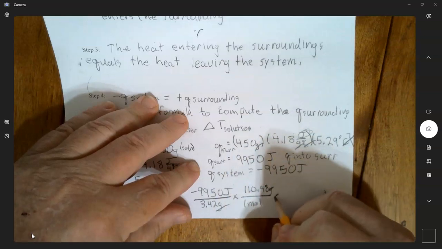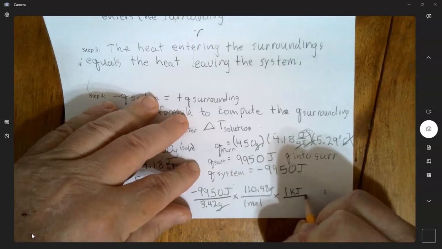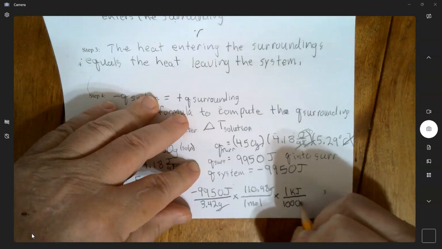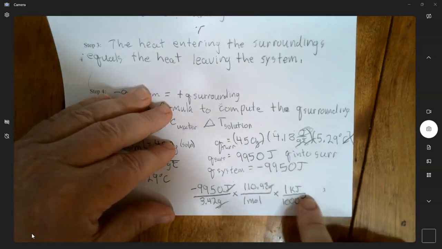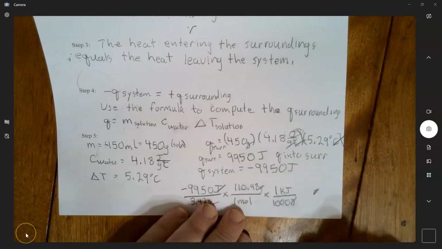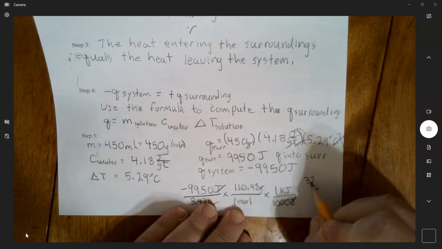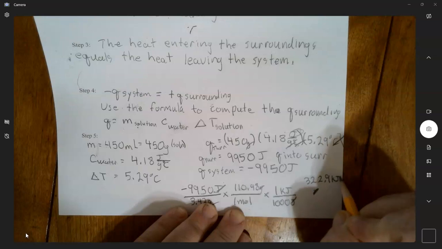Now if we want to go to kilojoules per mole, we say 1 kilojoule equals 1,000 joules. Put this all in one equation. You don't have to, but that's the proper way to do it. So joules cancels with joules. Now we multiply this and get our final answer: 322.9 kilojoules per mole.